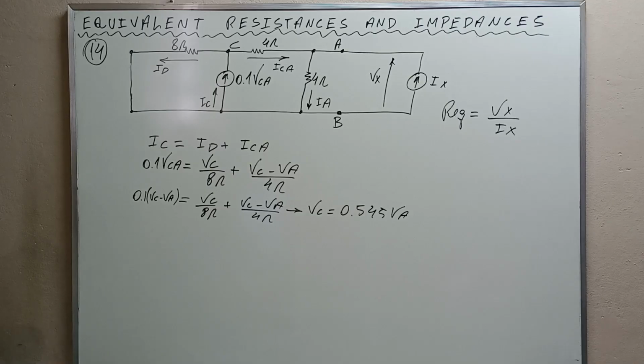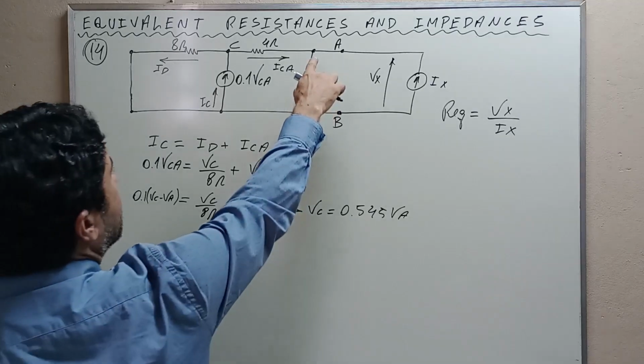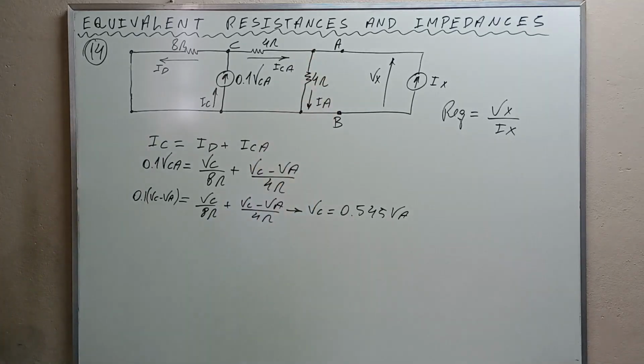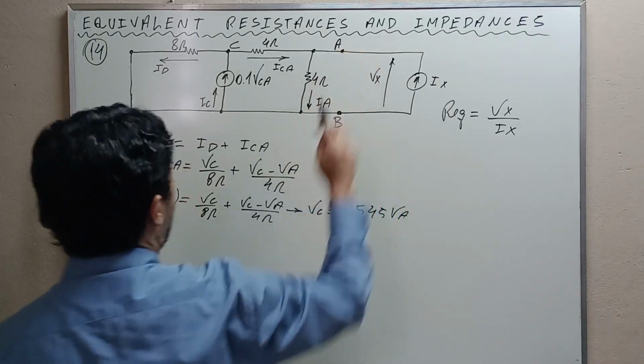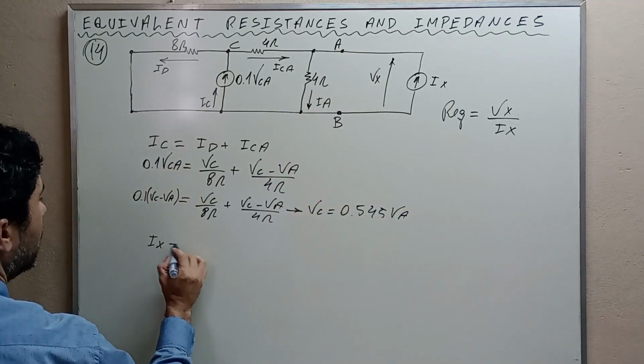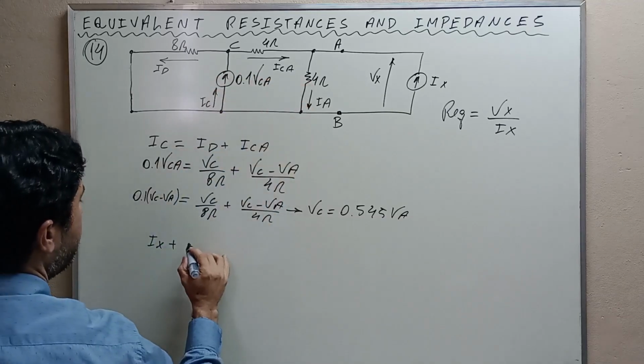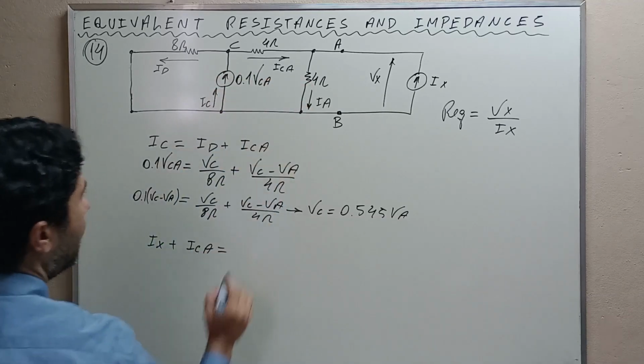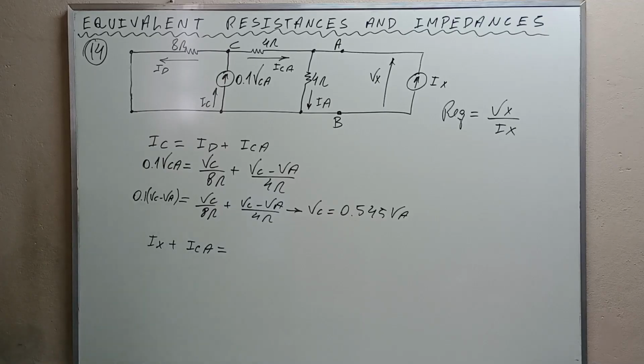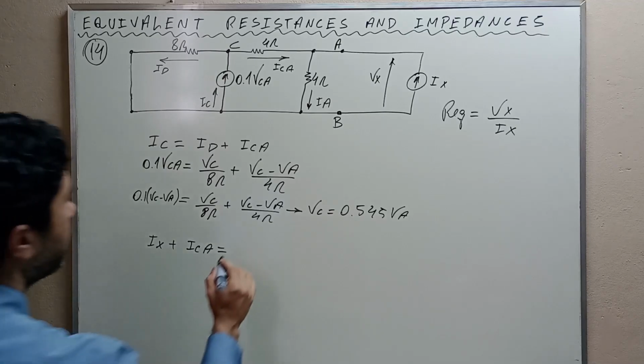Subsequently, we apply KCL at node A, okay? The sum of the currents that enter this node has to be equal to the sum of the currents that leave the node. The currents entering this node are Ix plus ICA, and the current leaving the node is IA.